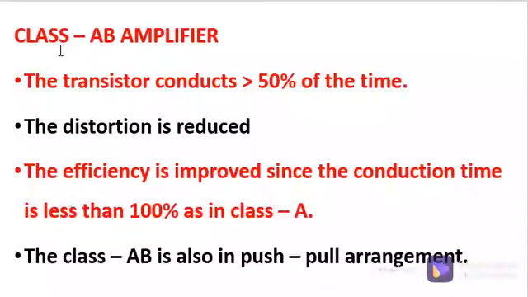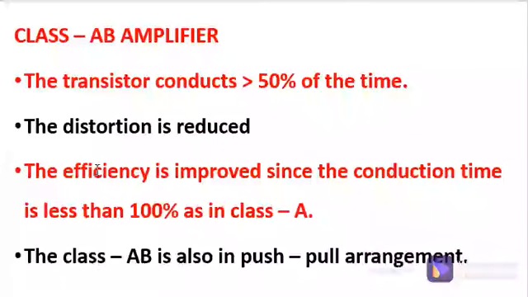Then we go to class AB, and it is the one in which the transistor is conducting for more than 50% of the cycle. In class A, 100%, in class B, 50%, and here in class AB, it will be in between. That is more than 50% but less than 100%. In this one, the crossover distortion is reduced.